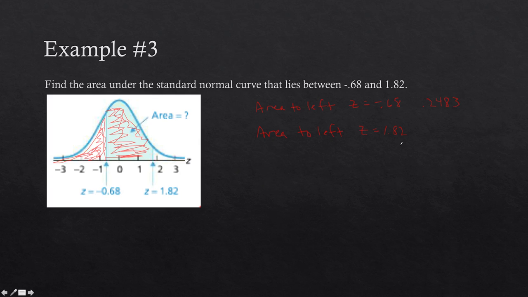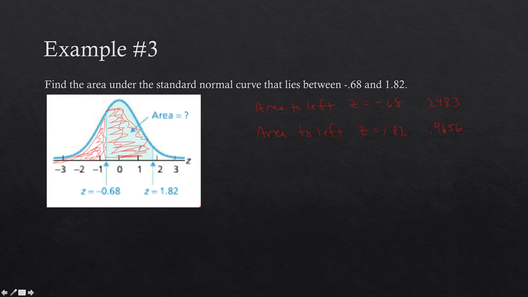The area to the left of 1.82 would be 0.9656. All right, now, I just gave them to you. You would, of course, use that chart like we've been using on the last two problems to find this. I just didn't put the chart on this problem.